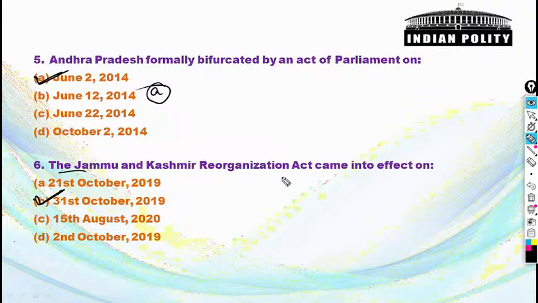And these two union territories are given a Lieutenant Governor as their head, and the first Lieutenant Governor of Jammu and Kashmir was probably G.C. Murmu. G.C. Murmu is the current CAG, isn't it? Okay.